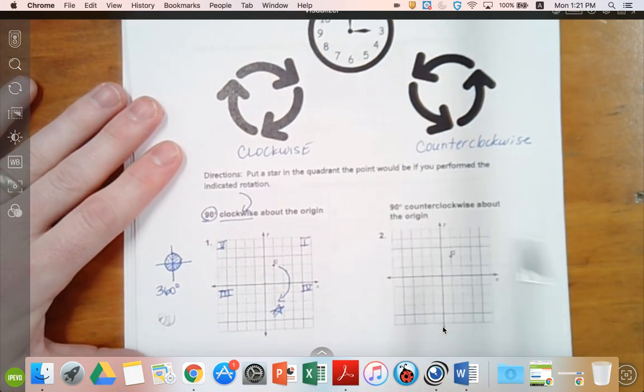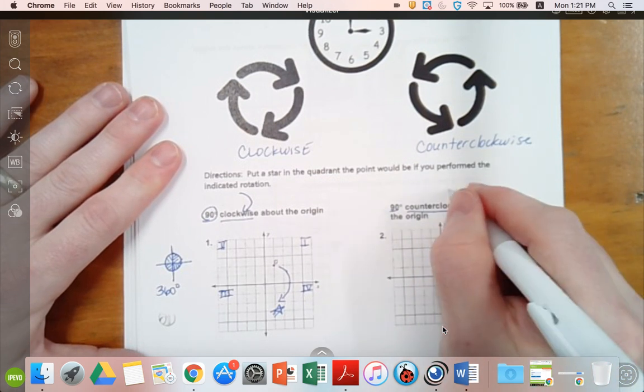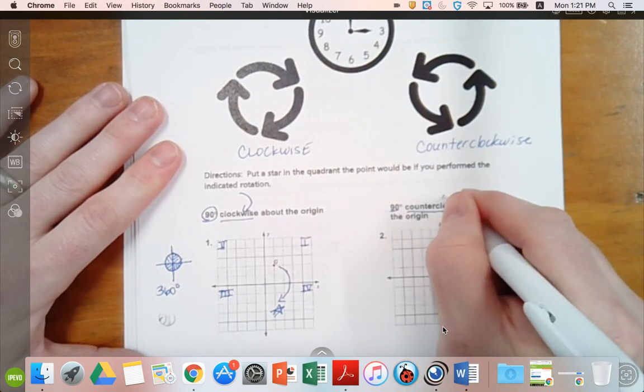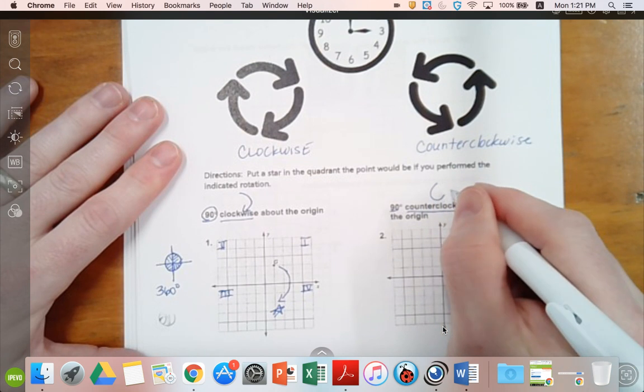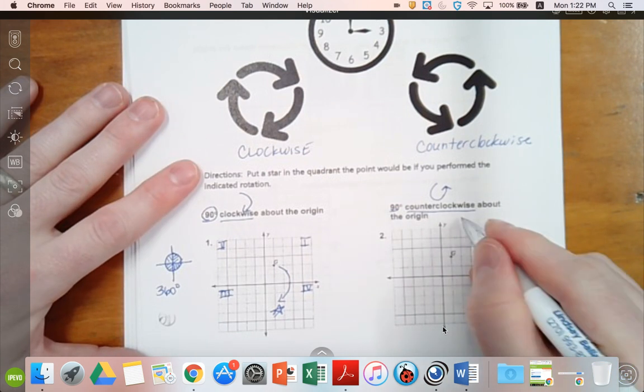I'm going to do this one here, 90 degrees counterclockwise. So instead of going clockwise, I'm going to go the opposite direction. And this is 90 degrees, which means one turn.